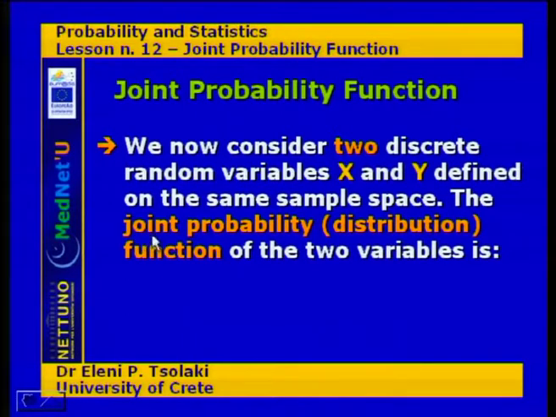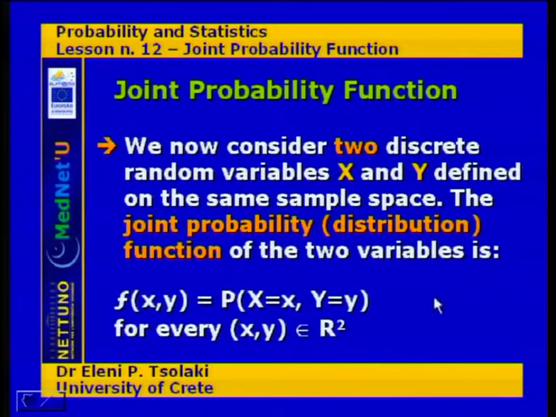Their joint probability or distribution function, because we are talking about discrete random variables, will be given by the probability of x equals x, comma, y equals y, for every x, comma, y in R squared, as we talk about two random variables.